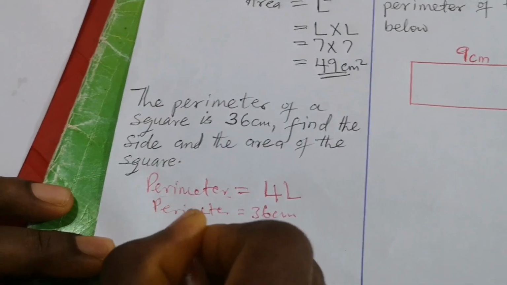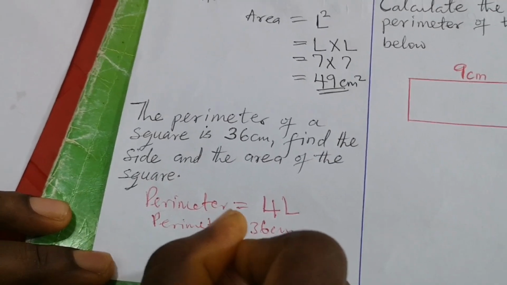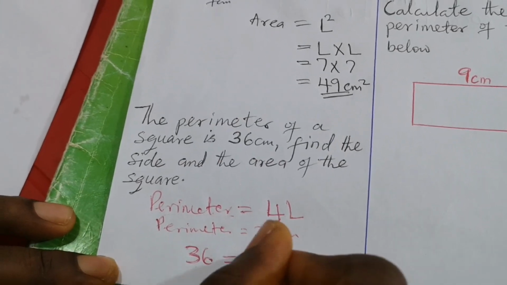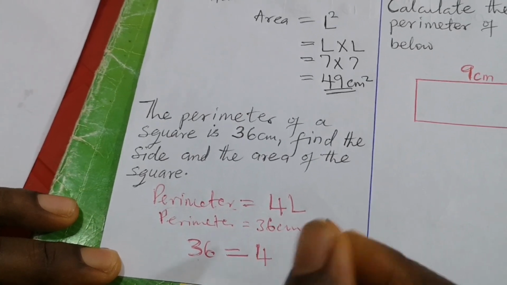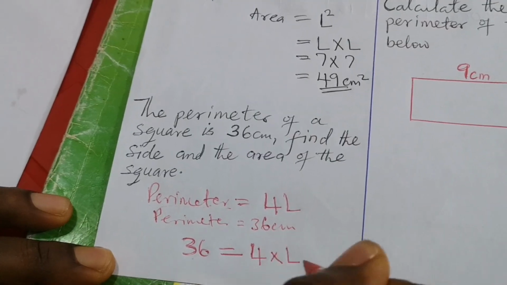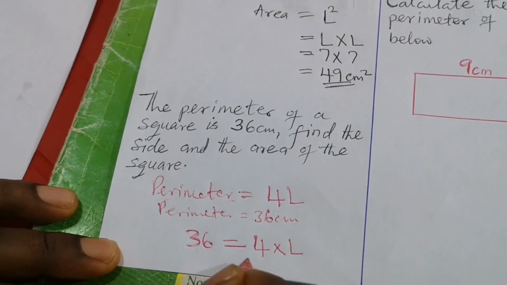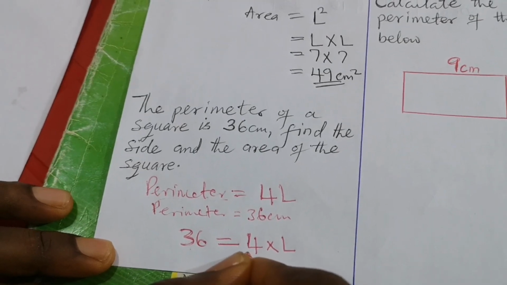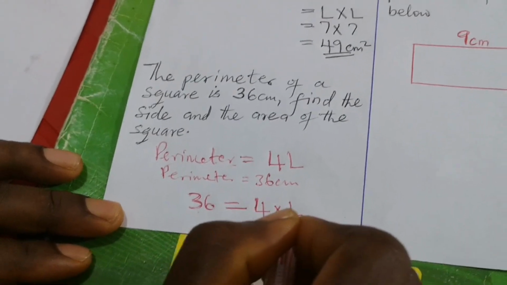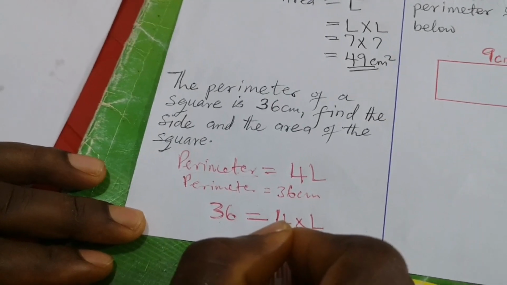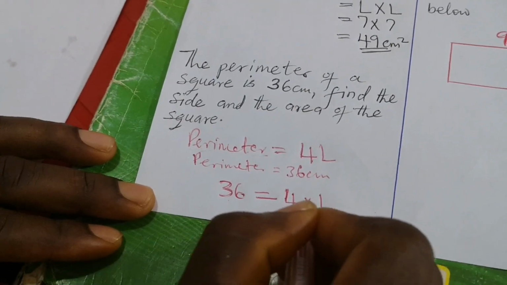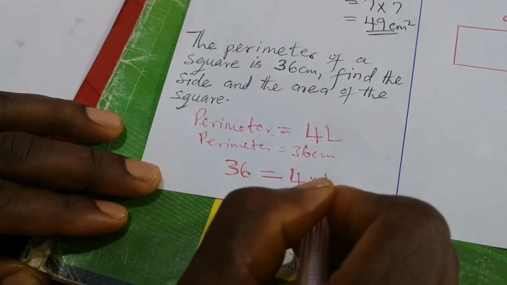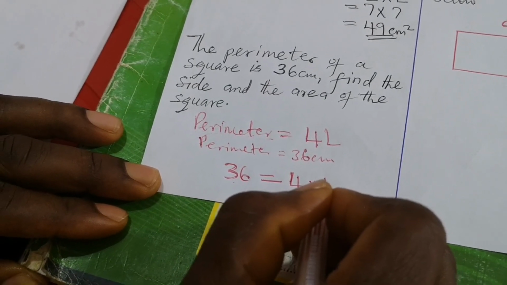So we now write 36 is equal to 4 times L. Because we are looking for the value of L, and if you watch very well, 4 is beside L. That is, 4 is disturbing L, and we don't want 4 to be disturbing L anymore. We just want L alone to be here.